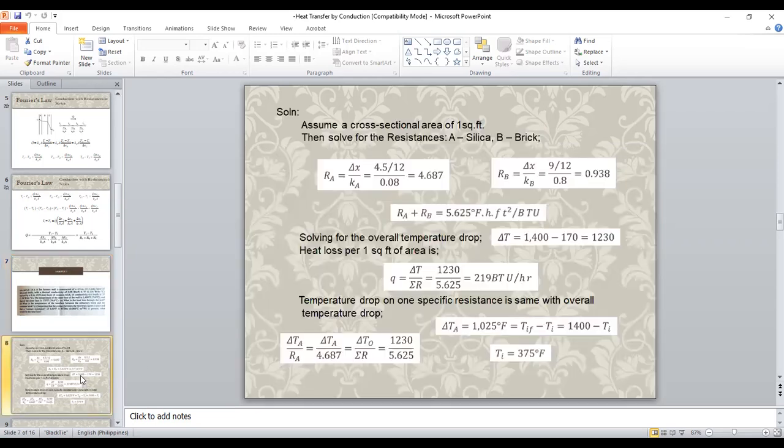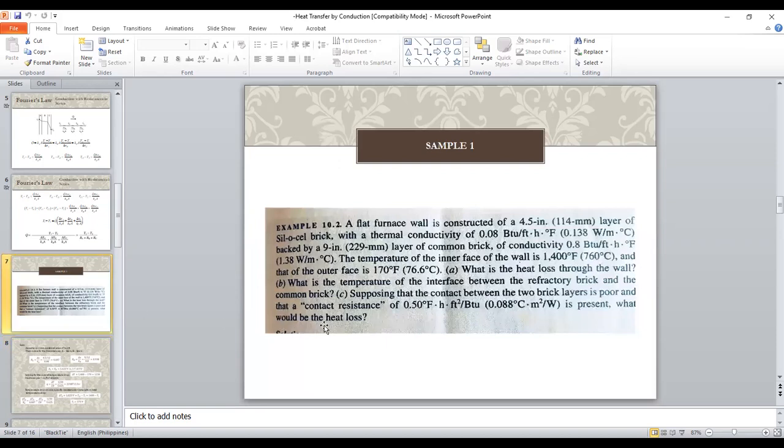Okay. Now, we assume a cross-sectional area of 1 square foot. Why the need for assuming a cross-sectional area of 1 square foot, class? If we go back to our problem, the problem is silent about the area through which heat is to pass.